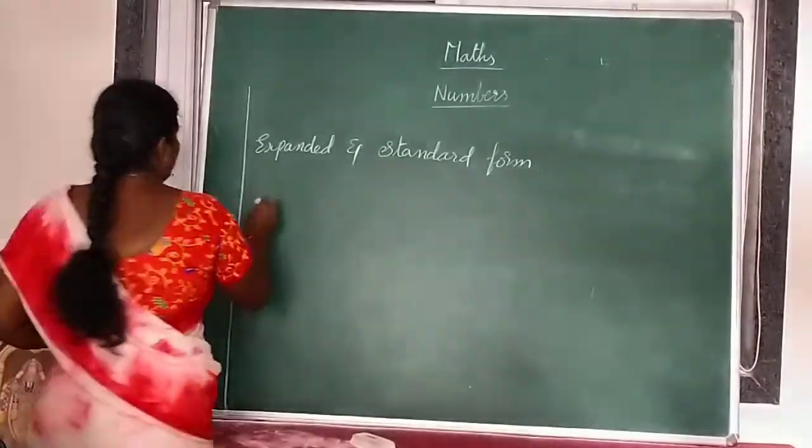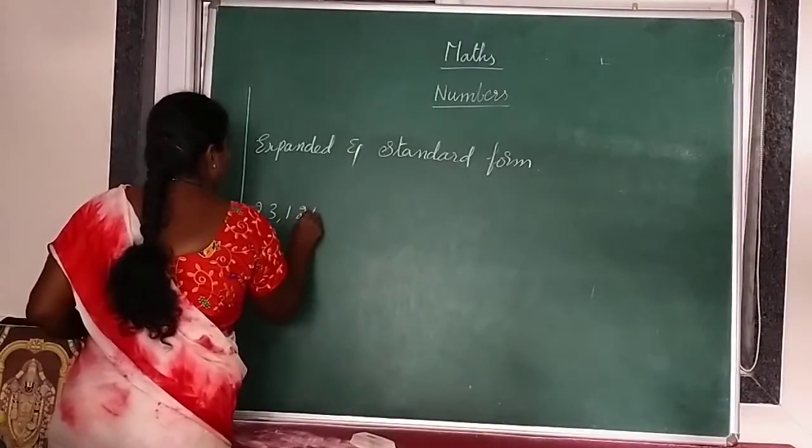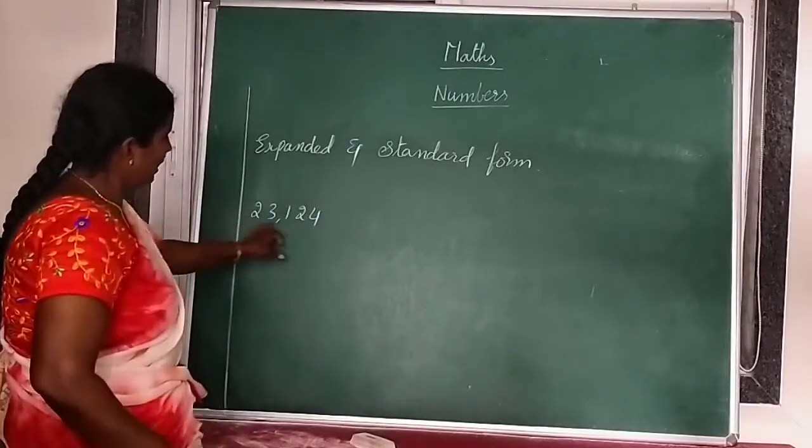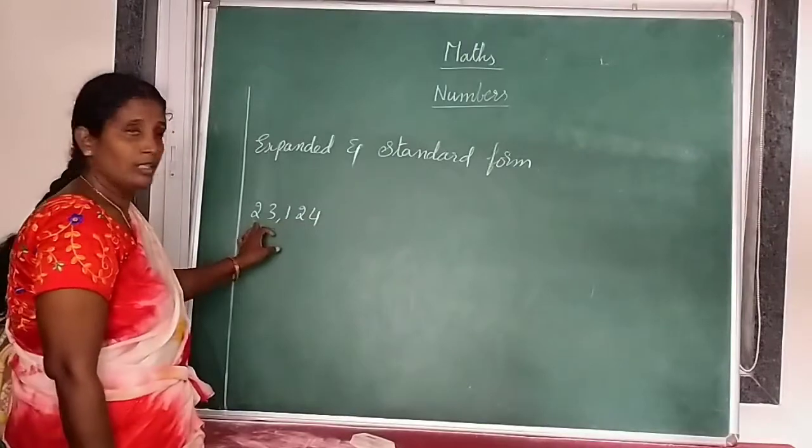So what is the expanded form of this number? 20,000.